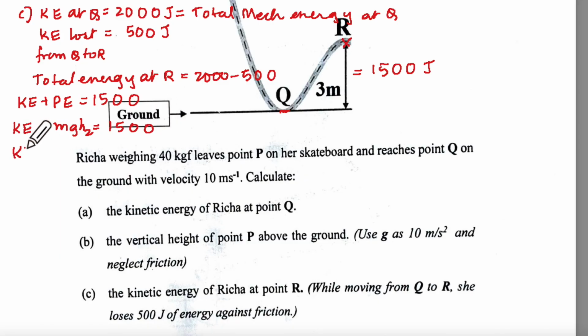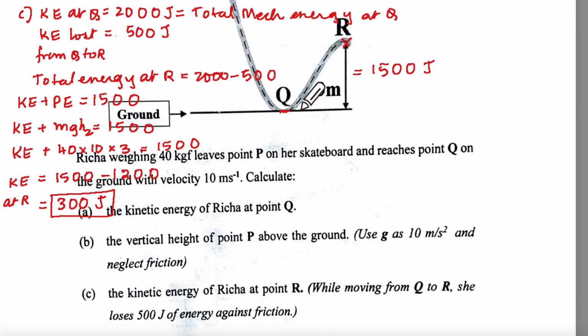So potential energy here, mass is 40 into g is 10 into height is 3, which is 1200. So the kinetic energy is going to be equal to 1500 minus 1200. That will be 300 joules.